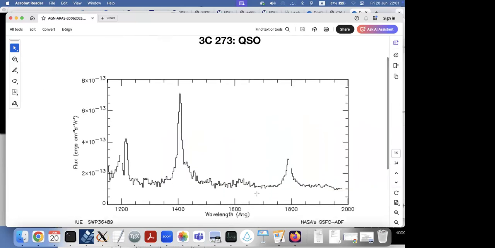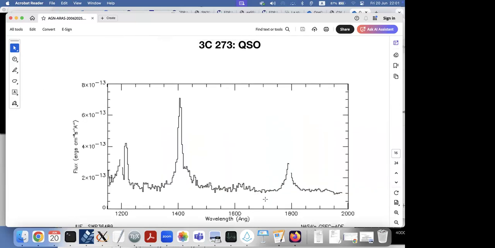Okay, now this is a quasar. This is 3C273, which, as I said, you can see. In this case, this is Lyman alpha. So you see just how shifted this is, that this should be 200 angstroms to the left.